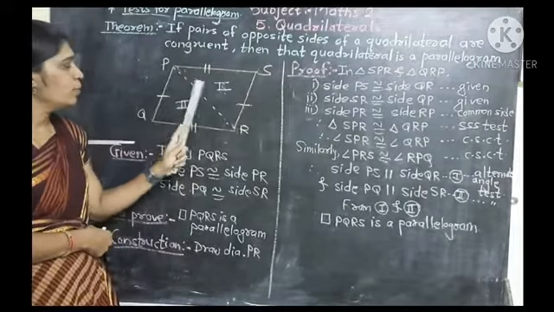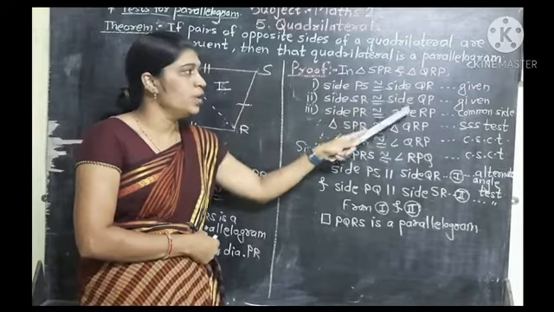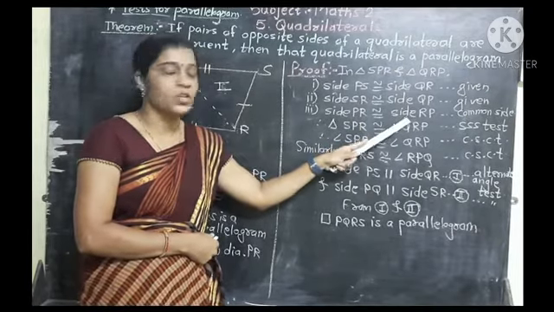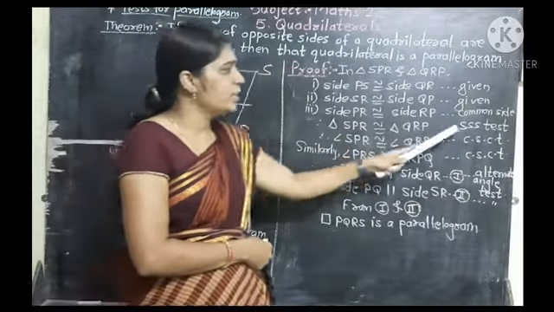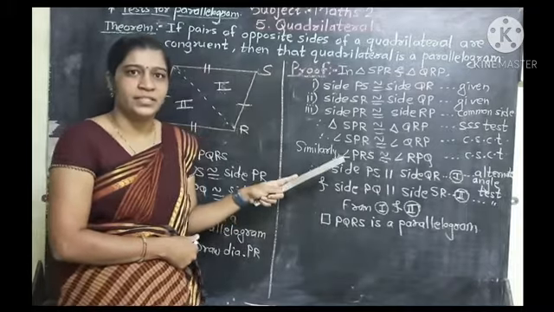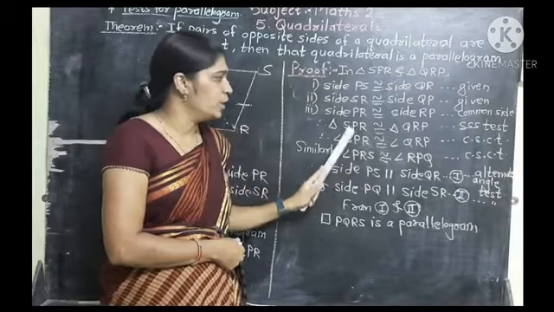So three sides of the first triangle are congruent to the three sides of the other triangle. What is the test? SSS test, the side-side-side test. According to the SSS test, both triangles are congruent.